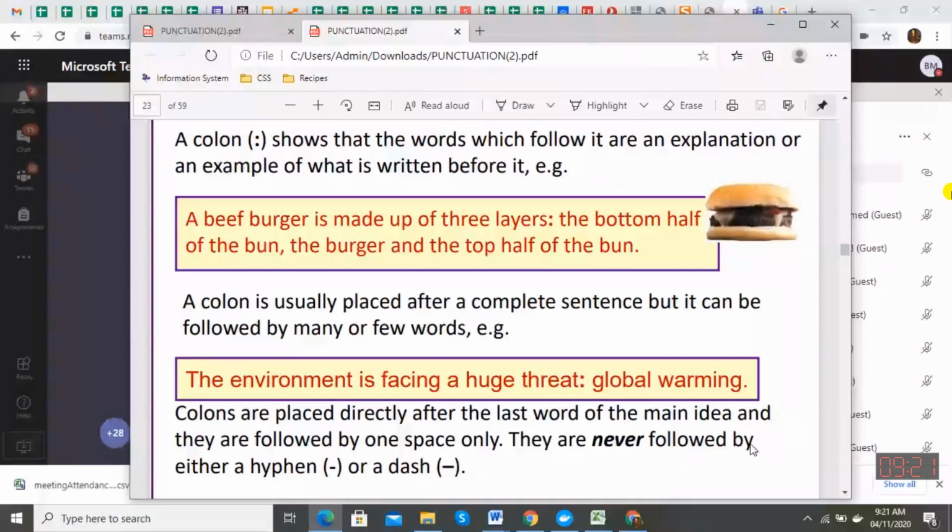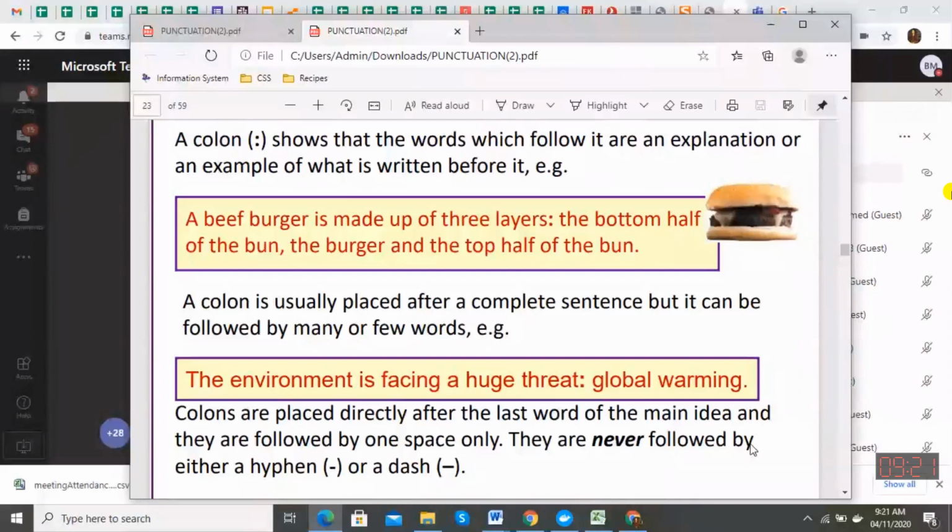Okay. The first usage of colon is that it is used to give more explanation. For instance, a beef burger is made up of three layers. This is an independent clause. अगर हम इसकी explanation नहीं भी देंगे, तो that sentence is complete.